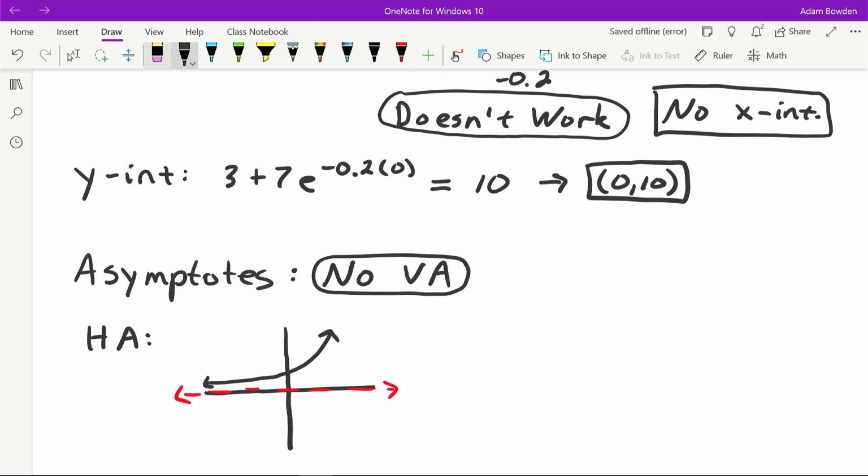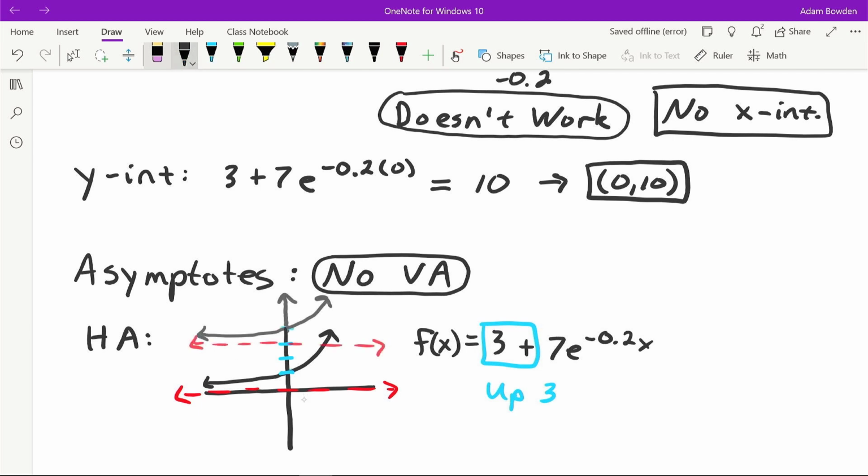This particular function has 3 plus, and that 3 in front causes what we call a transformation, shifting the graph up by 3. So if we were to take the graph and shift it up by 3, it would move something like this here, meaning that the horizontal asymptote actually turns into the line y equals 3, since it moves it up 3 higher.